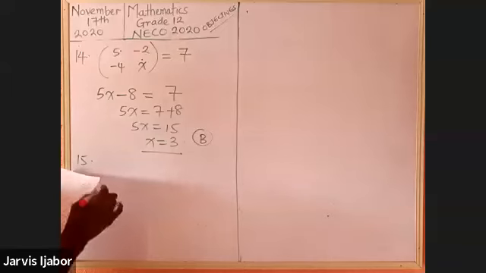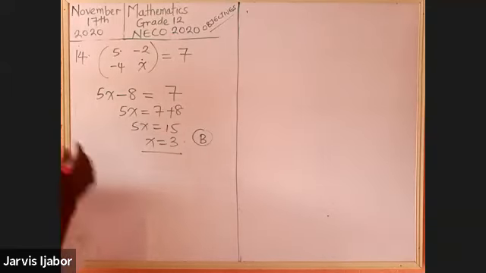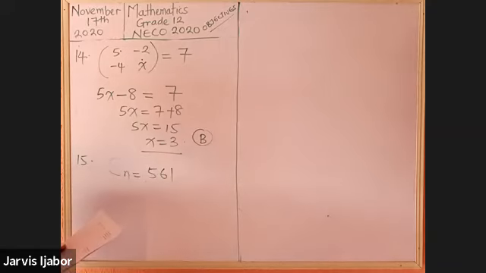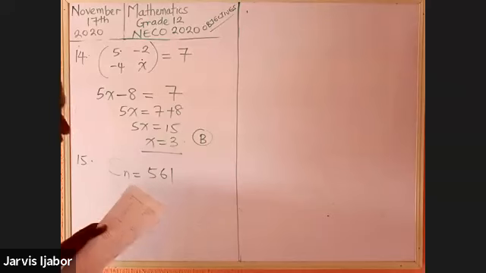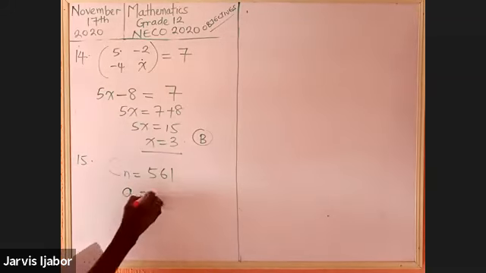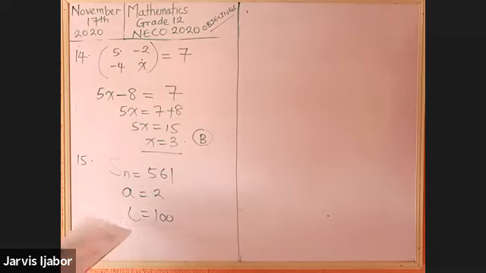The sum of the terms of an AP is Sn equal to 561. The first and the last term: A is equal to 2, L is equal to 100. Find the number of terms.